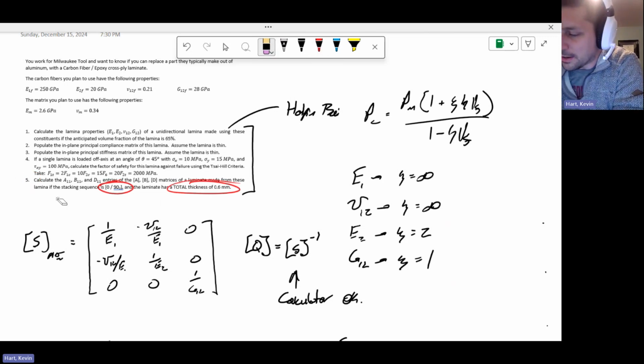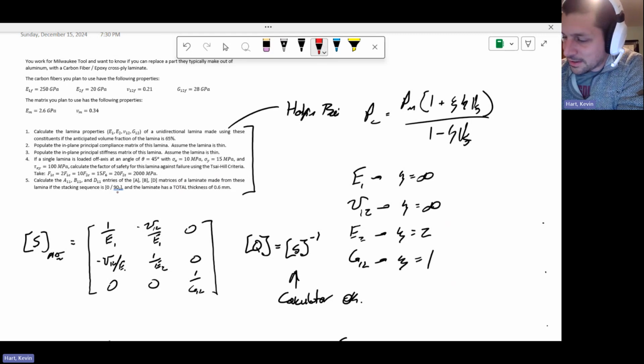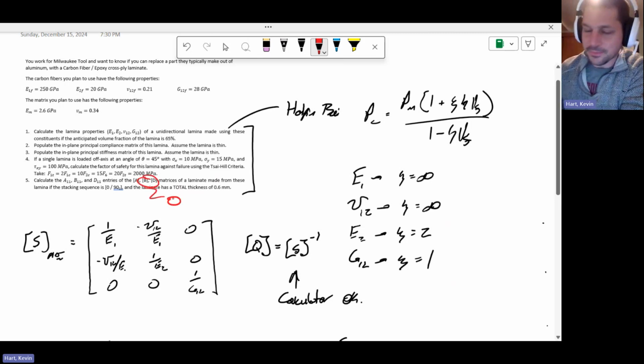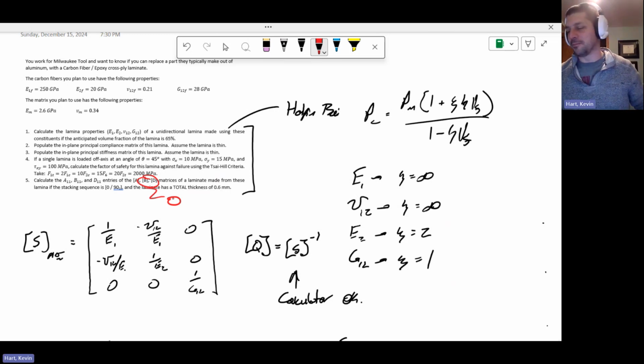In this case, you could identify this as a special laminate. This is 0, 90, 90, 90, 90, 0, so this is symmetric. That means the B matrix is 0. If you just write on your exam, symmetric, Bij equals 0, that's all you need. Don't do the full calculation. Save yourself some time. The full solution for this is available on Canvas if you want to take a look.